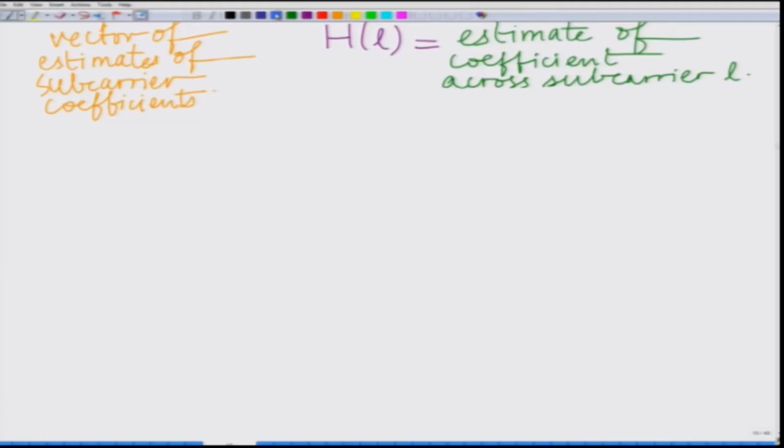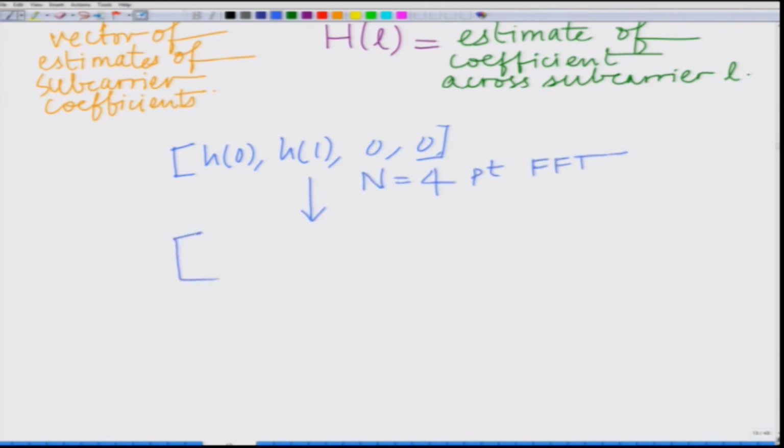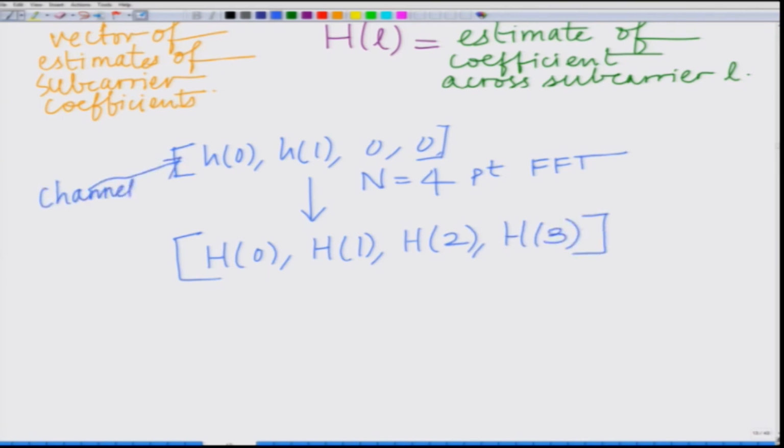Remember, what we said is that h0, h1, if you look at this zero padded, and if you take the n equal to 4 point FFT, you generate the coefficients across the subcarriers, isn't it. So, you have H0, H1, H2, H3, and these are the channel taps.